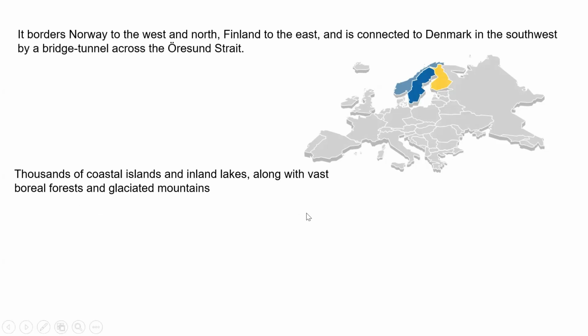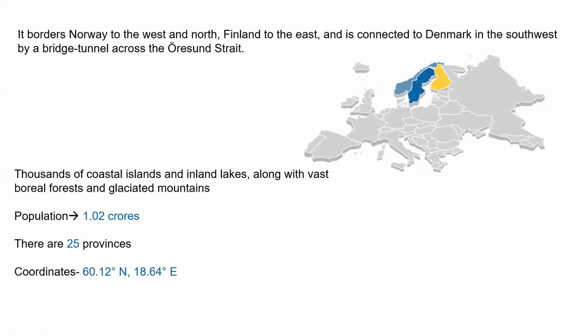This is nothing but forests growing on mountains. The population is 1.02 crore. As we have states in India, there are 25 provinces in Sweden. The coordinates, where it lies on Earth, are 60.12 degrees north and 18.64 degrees east. Its GDP is 52,477 US dollars.